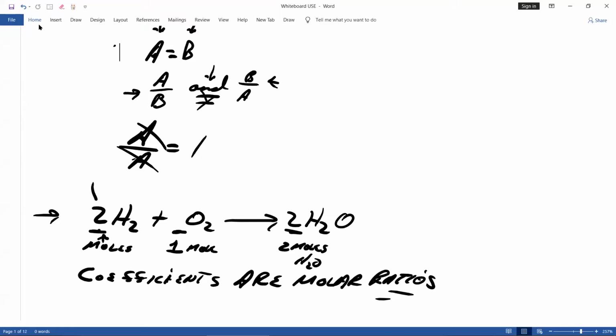Remember, the coefficient gives you molar ratios. So for every 1 mole of oxygen, I make 2 moles of water. For every 2 moles of hydrogen reacting with 1 mole of oxygen, I make 2 moles of water. And that's important. The coefficients give you molar ratios.